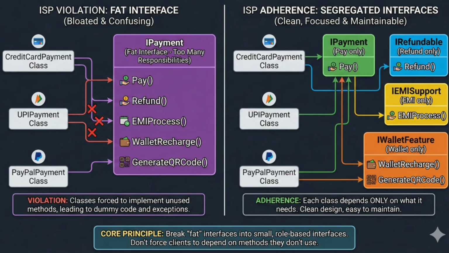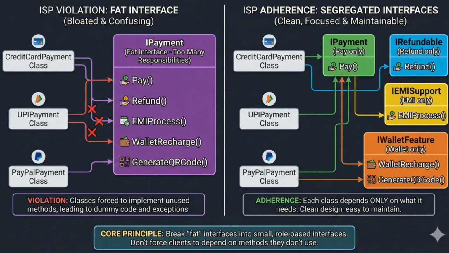They support different payment experiences such as online payments, wallet payments, installment, EMI payments, refund processing. Now, instead of creating one huge payment interface with every possible method, like pay, refund, EMI process, wallet recharge, generate QR code, ISP says, don't force every payment class to implement all these methods, because not every payment method supports everything.